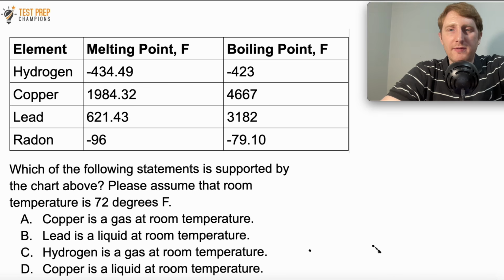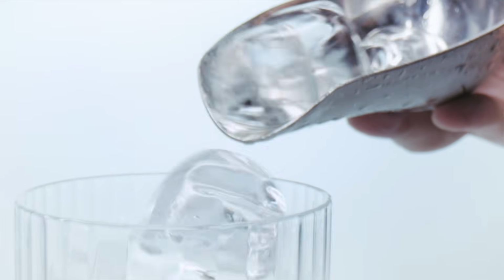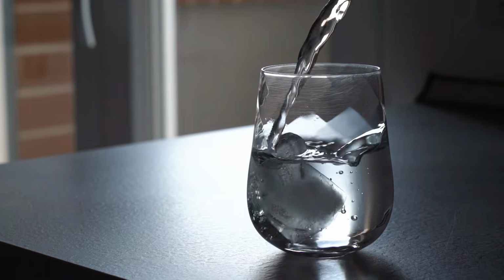This question involves the three states of matter, and those three states are solids, liquids, and gases. When a solid becomes a liquid, we call that melting. Think about an ice cube. That's water in the solid form, and that ice cube melts to become liquid water.